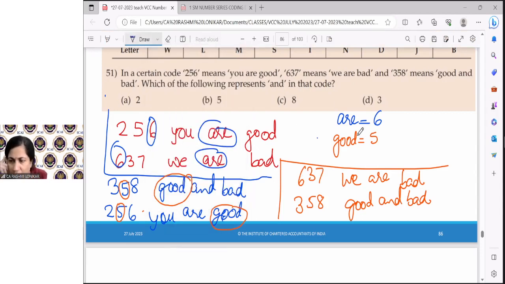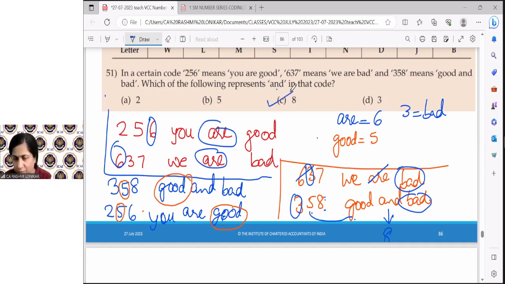Okay, so 6 I know means R. Now 5, what is happening? Bad. What is the number for bad? Common number is 3. So 3 is bad. So what is the number for good? Good is 5. So what is remaining is 8. 3 is bad, 5 is good, so 8. So and is represented by 8. So C will be the correct answer.